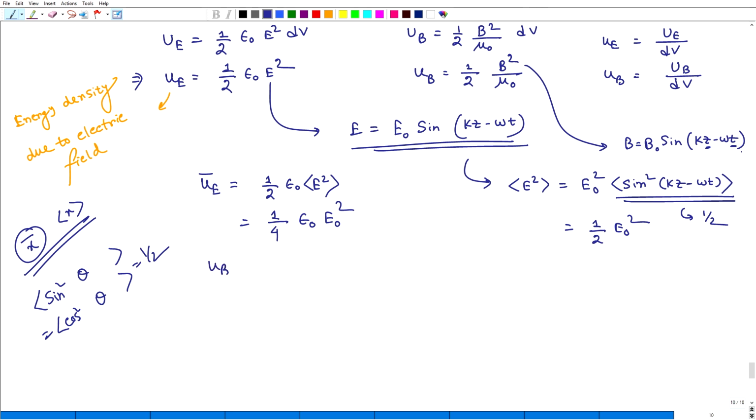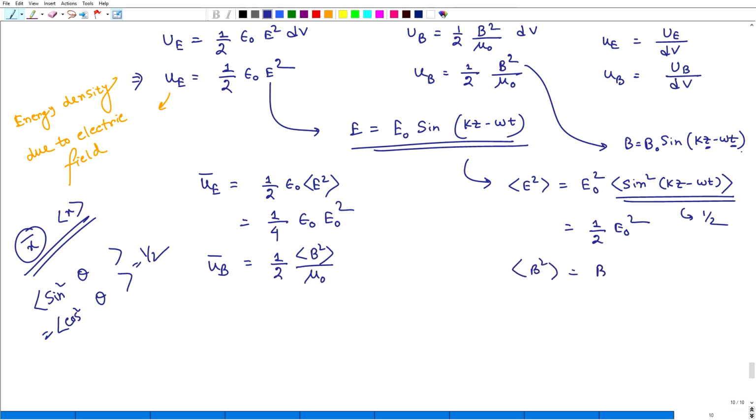So, this is the UE. Similarly, what will be the UB? Half of B square by mu naught, it is just B square average. So, again what will be B square average?